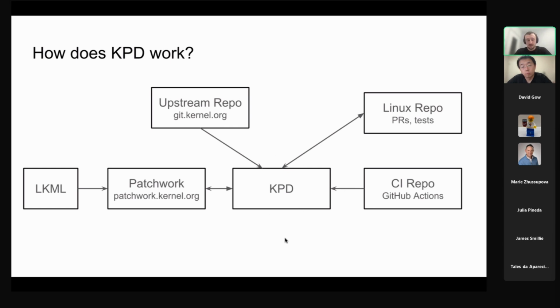And what KPD does is, whenever there is an update upstream, it force pushes to so-called base branches, in KPD's terminology, in the Git repository, and on top of it, it adds a commit that simply copies the contents of the CI repository to the target repository that is going to be tested. So this is why you need to keep your repository on GitHub and the CI stuff separate.